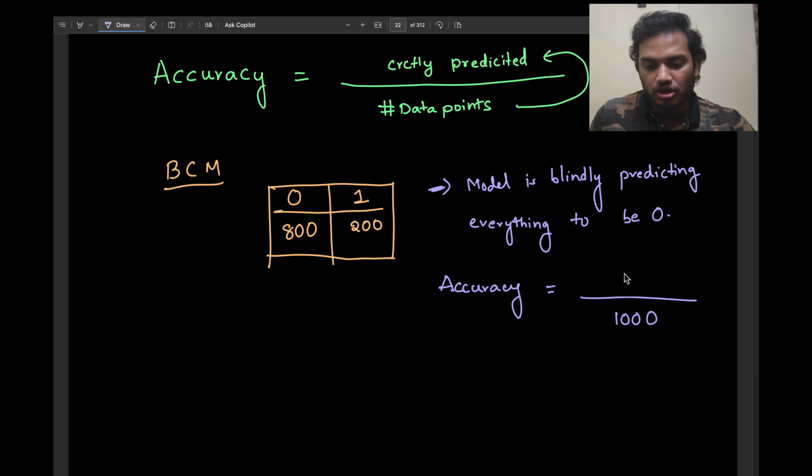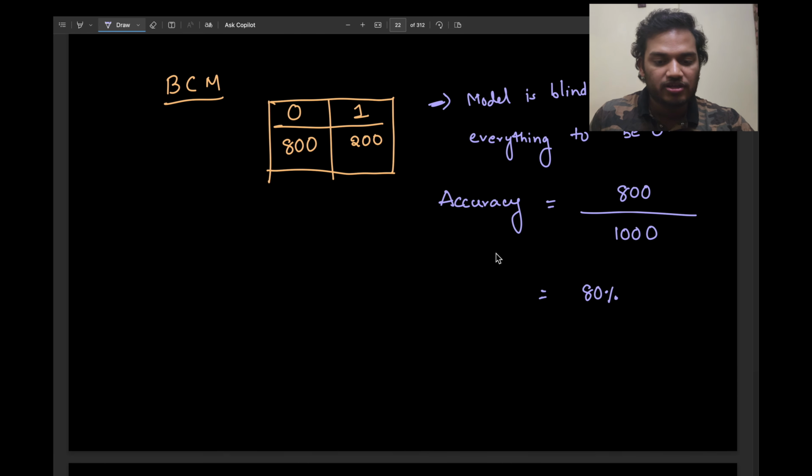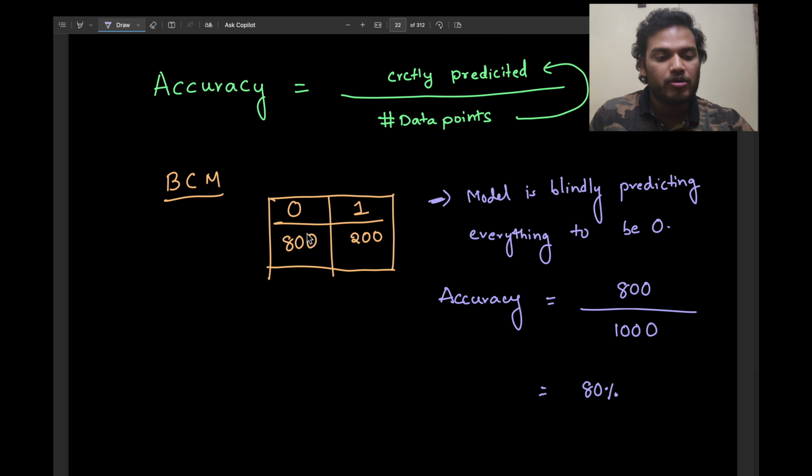So it is correctly predicting 800 points out of 1000, and my accuracy will be 80%. We might feel that my model is giving 80% accuracy, but is it actually? What do you guys say?